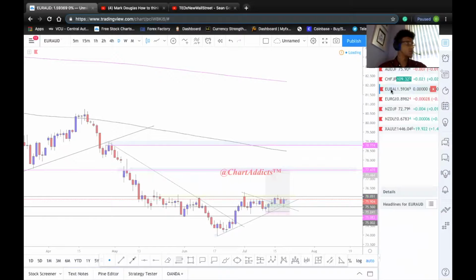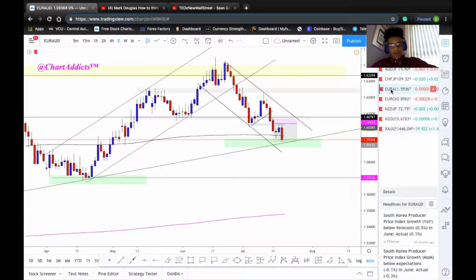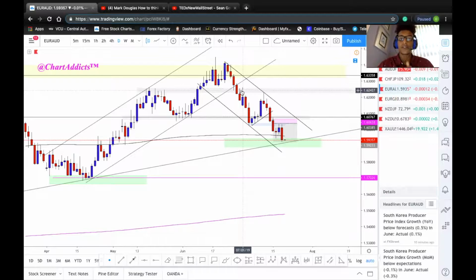Going on to Euro AUD. Essentially, we took our first sell right over here. We had the break, the retest, and the continuation.